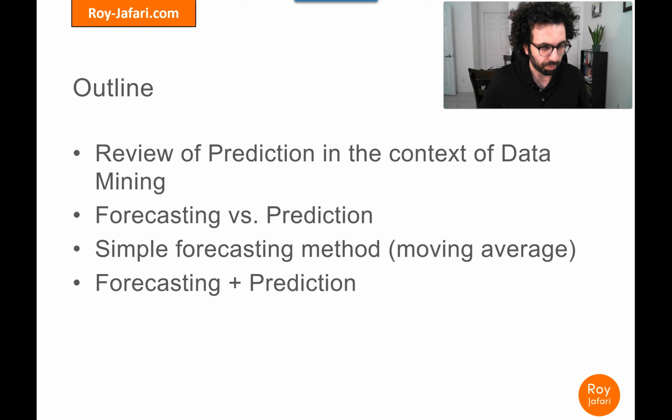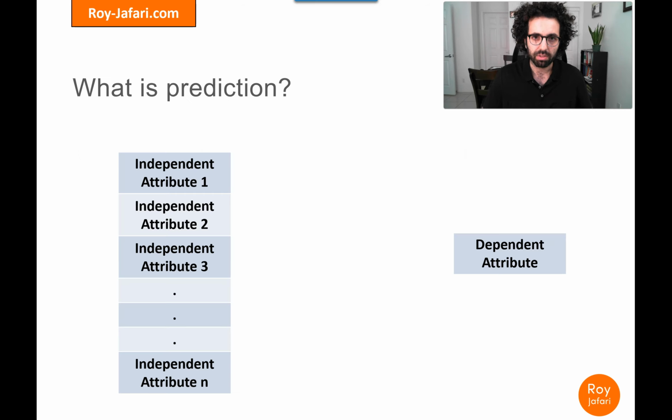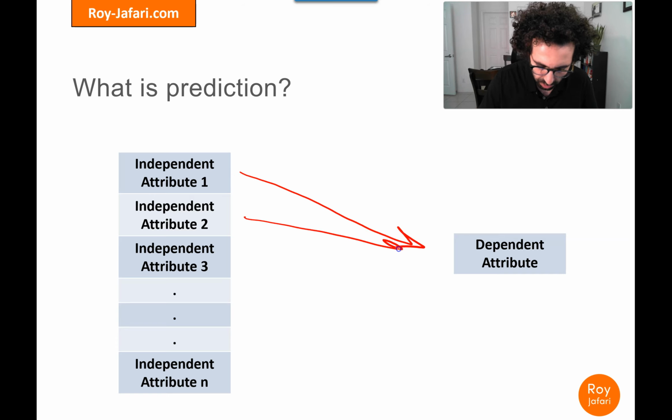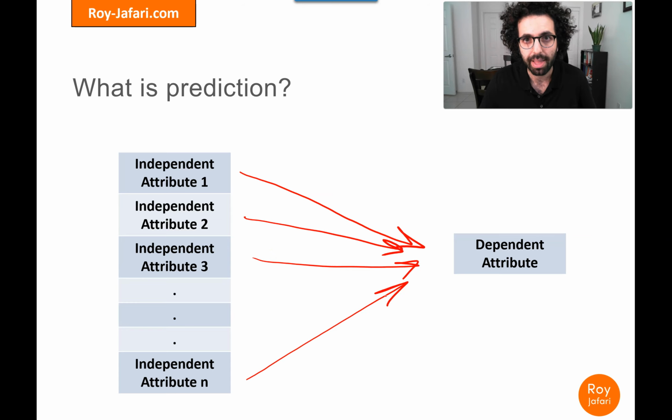Alright, so what we talked about prediction was whenever we have a set of independent attributes and a dependent attribute, and we go about finding the relationship between the independent attribute and the dependent attribute in such a way that it's going to help us to predict the future cases of the dependent attribute, then that is prediction.